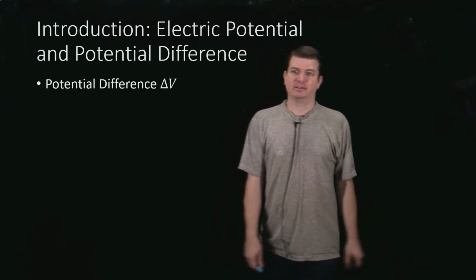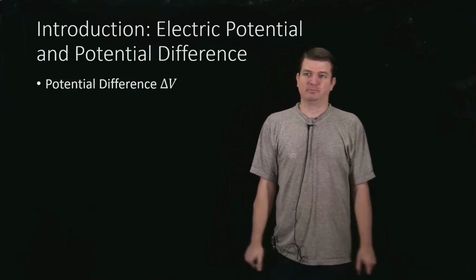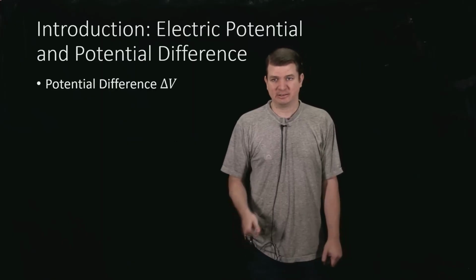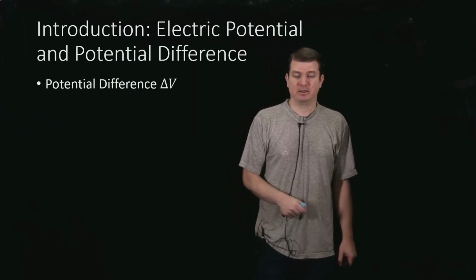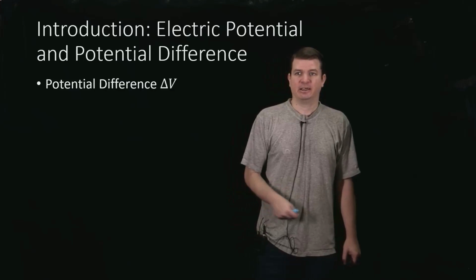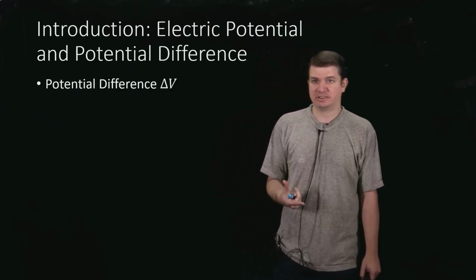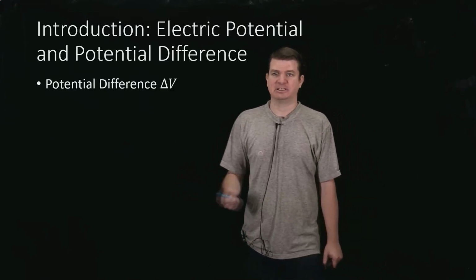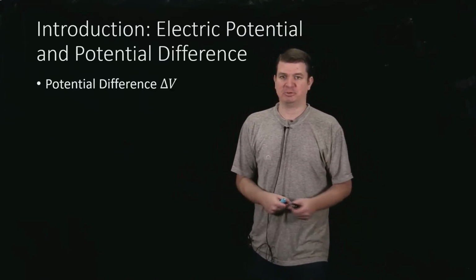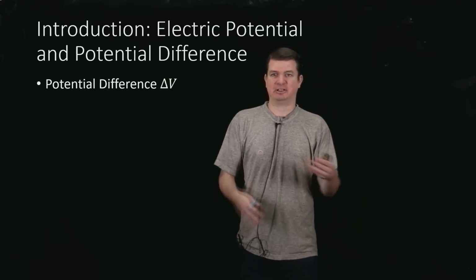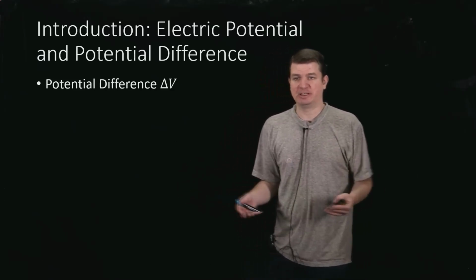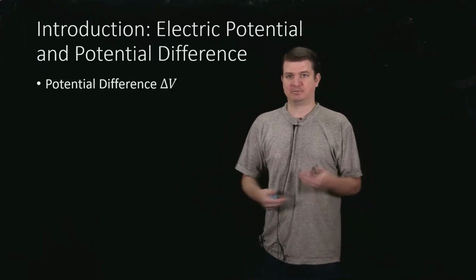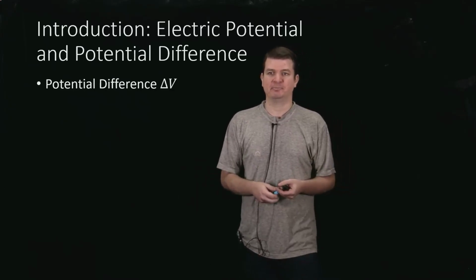Now, the really fundamentally important thing in any discussion that we've had involving a potential energy has not actually been the value of the potential energy, but rather the difference. And it's just like that here. It's not so much the electric potential energy that matters, but the difference in electric potential energy between 2 points, which will govern whether our electron or whatever charge we're moving has sped up or slowed down as a result of moving along that path.